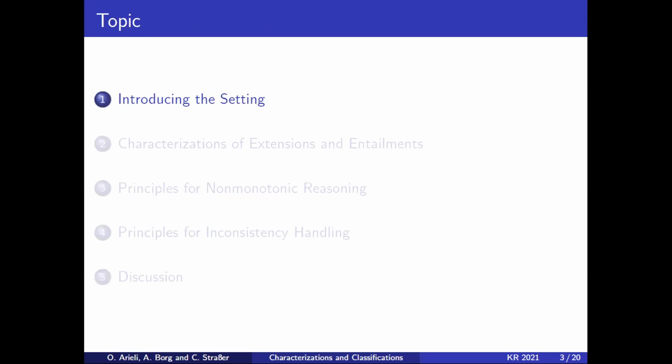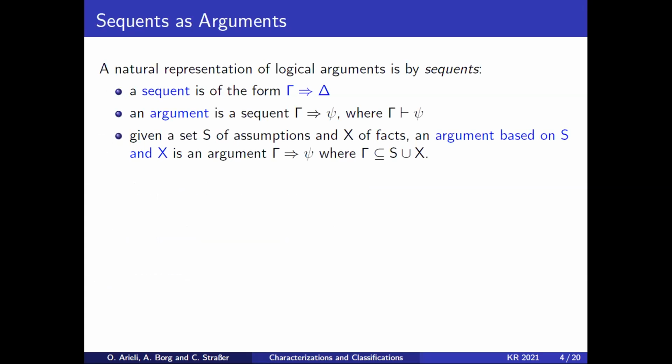For this, we looked at logical argumentation, and in particular, we represent our arguments by sequents, which are of the form gamma arrow delta, which are sets of formulas basically, and an argument is then a sequent where the consequent is just one formula, and the formula has to follow, or has to be entailed by, the support set.